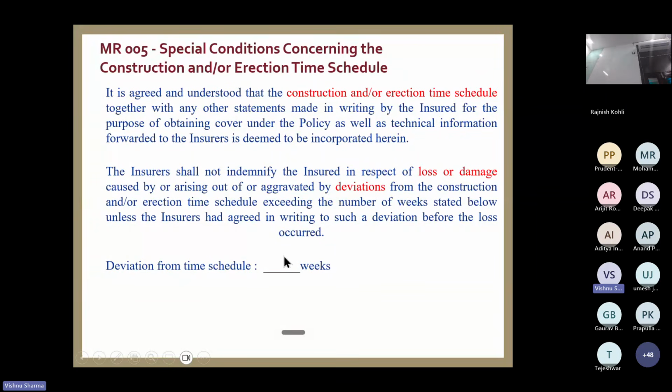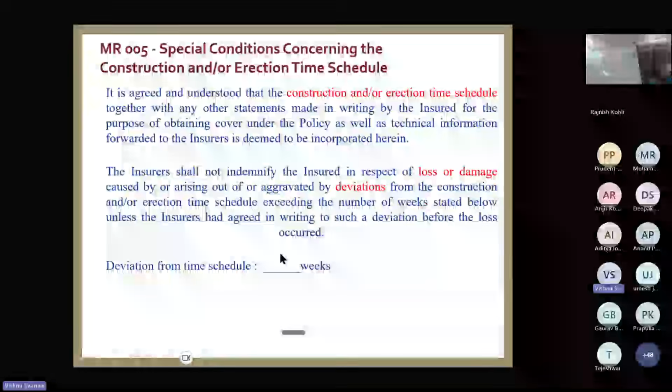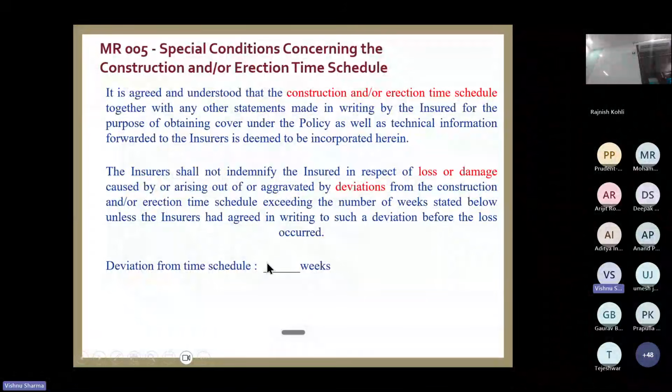For example, the normal practice is to write maximum 4 weeks. Not more than 4 weeks, we are giving this. We are not giving for more than 4 weeks.